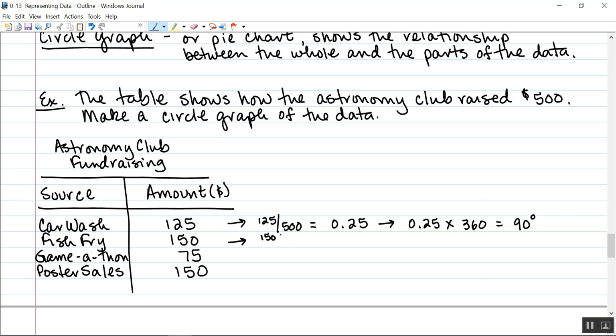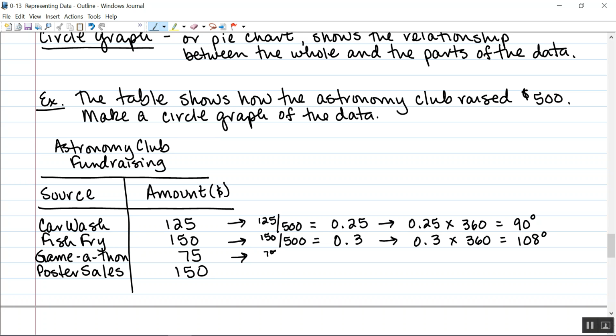So $150 on a fish fry out of 500. That is 0.3, or 30%. So I need to calculate what is 30% of my total 360 degrees in the circle, or that's 108 degrees.